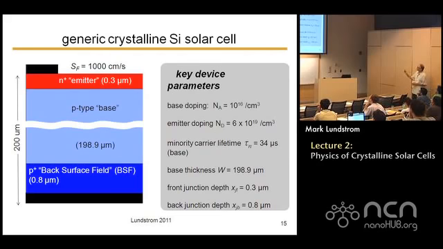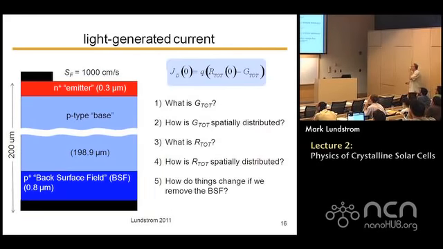I'll show some results, and I'll illustrate how things happen quantitatively just by doing the calculations on this particular cell. So some of the questions that we ask, first of all, what is the total number of electron-hole pairs that are generated if I shine an AM 1.5G spectrum on this cell? We'd like to know where they're generated.